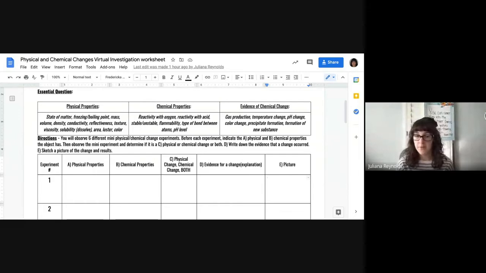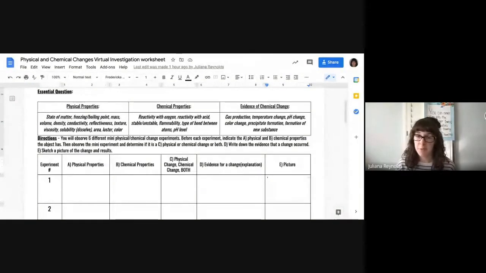And then I have some common forms of evidence of a chemical change. Again, these aren't the only forms of evidence, and there's a lot more out there, and some of these forms of evidence of chemical change could be evidence sometimes for other types of change too.